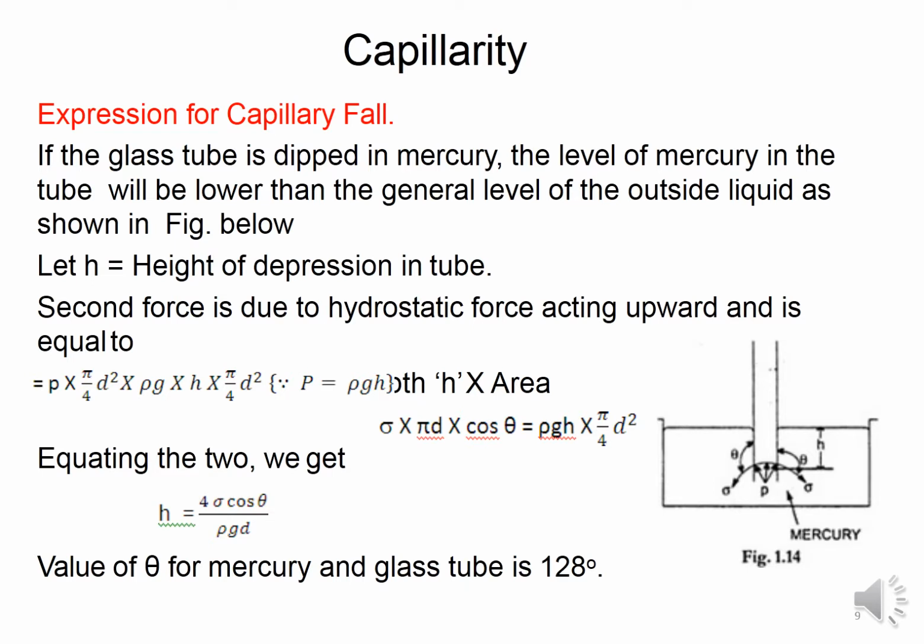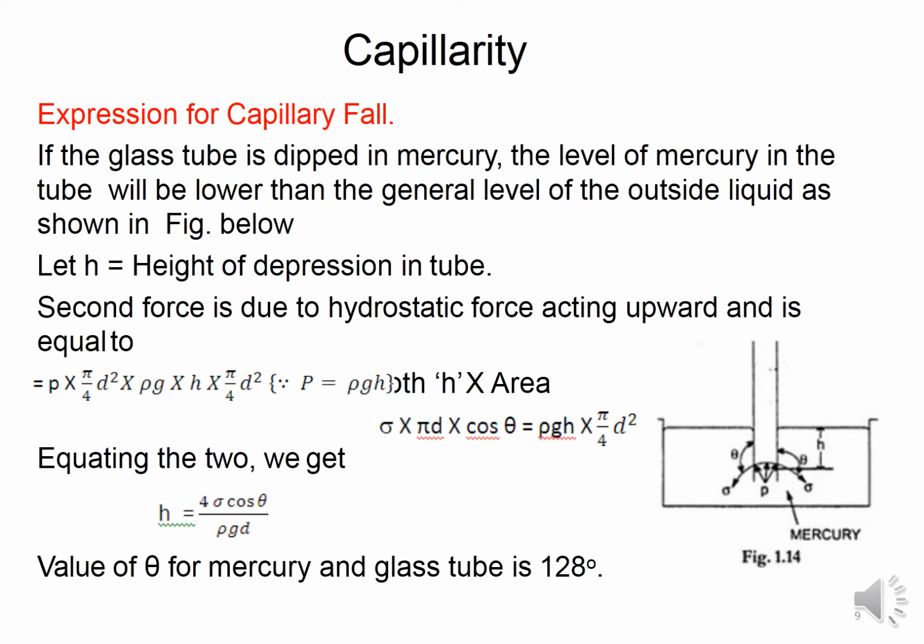Next, the same we can equate for the capillary fall. If you equate for capillary fall, you will get the same equation, h equal to 4 sigma cos theta by rho g d. Here we take mercury, and the same equation: pi sigma d cos theta is equal to rho g h pi by 4 d square.